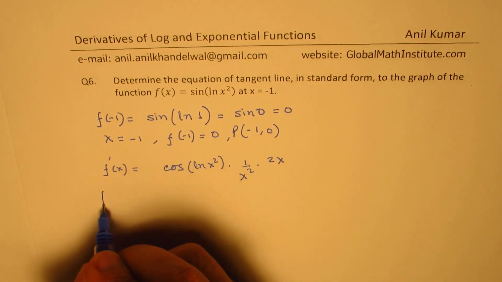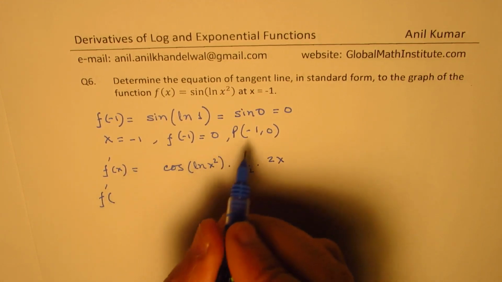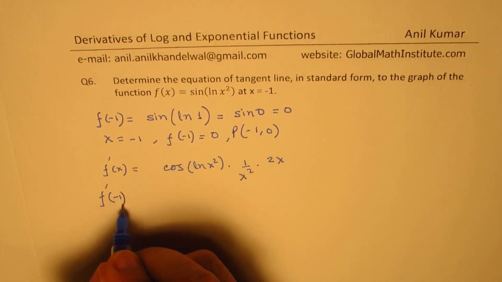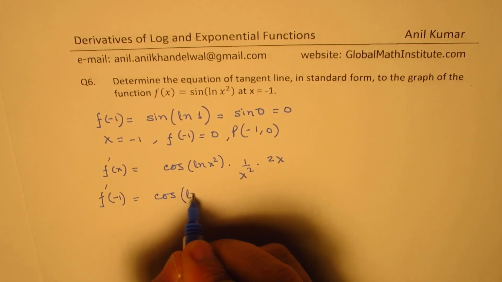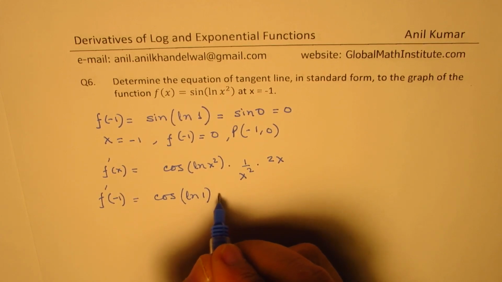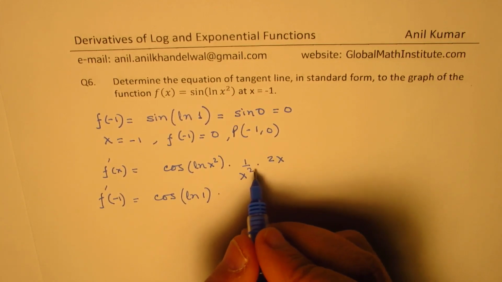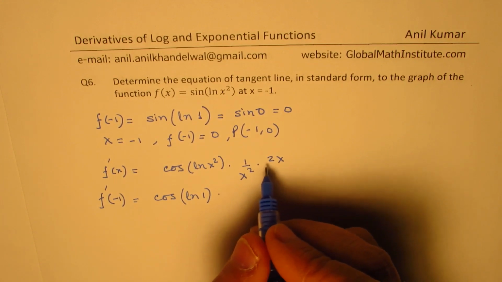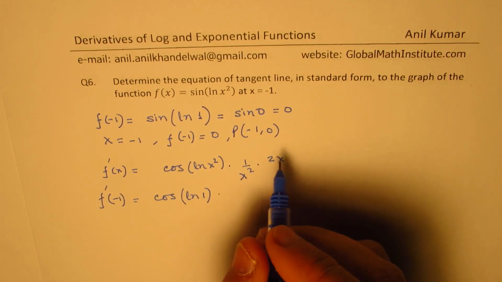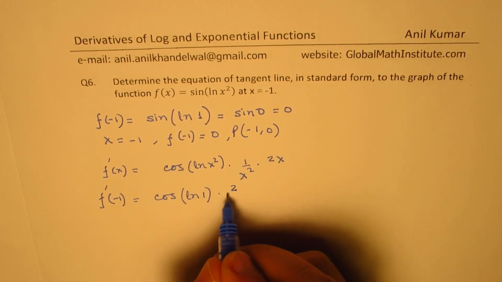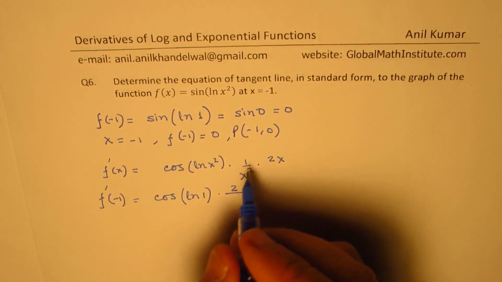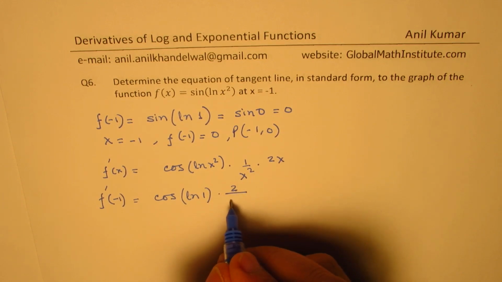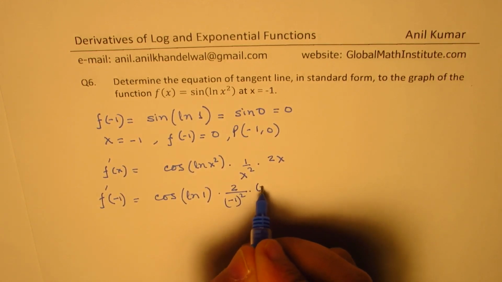Now, what is the derivative at x equals minus 1? So we'll substitute minus 1 here. So we get cos of ln 1 times, we could simplify this actually. So anyway, we get 2 over, now, this is minus 1, right? So 2 over minus 1. Let me write (minus 1) squared times minus 1 now.